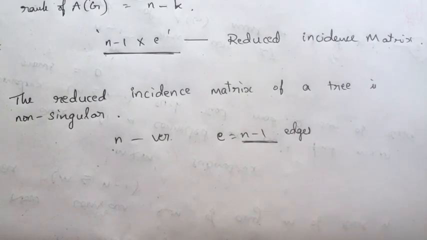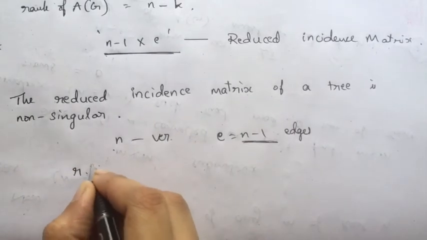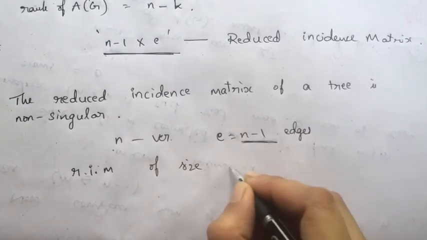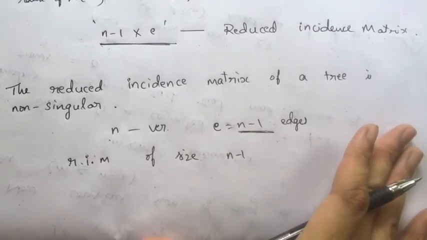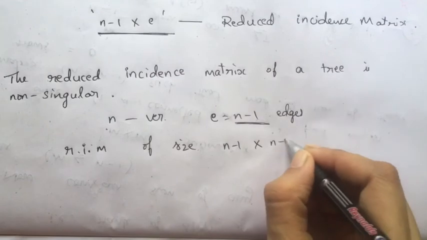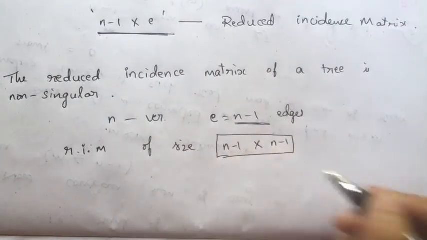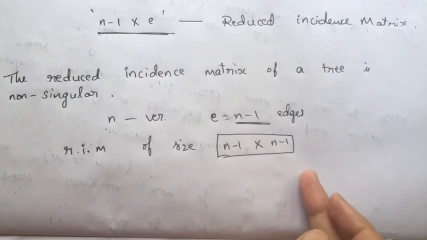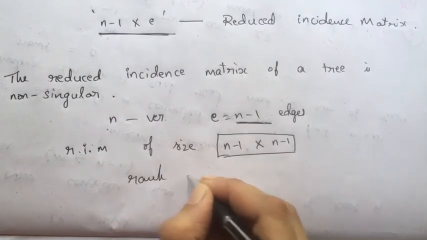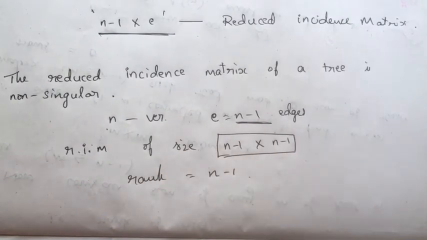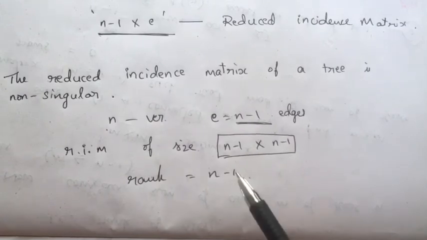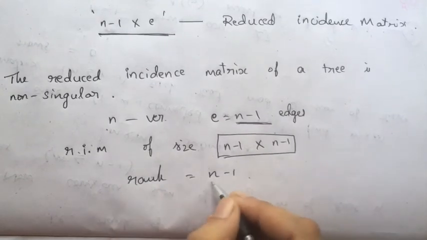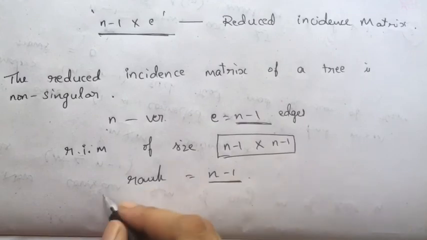When I take its reduced incidence matrix, I have to remove any one row, so its order will be n minus 1 by n minus 1. Then the rank of this reduced incidence matrix is again n minus 1. Therefore, it's a square matrix in which all the rows are linearly independent. Rank n minus 1 means all the rows are linearly independent.